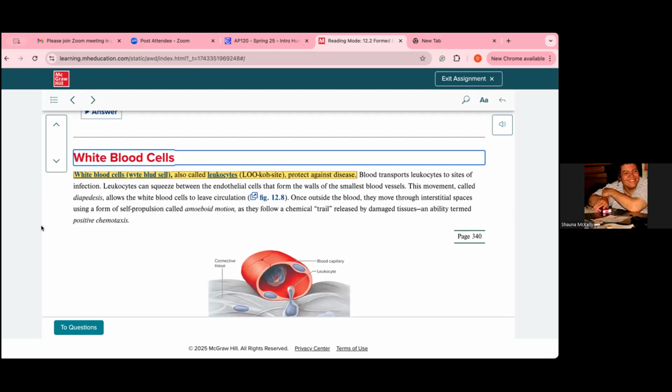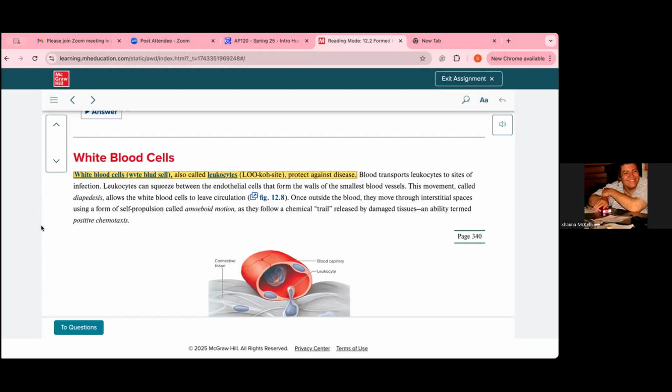Okay. White blood cells, often also called leukocytes, leukocytes, leukocytes. Okay, that's the protect against disease.